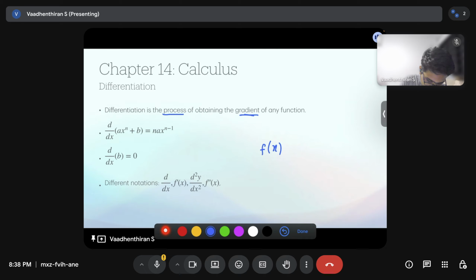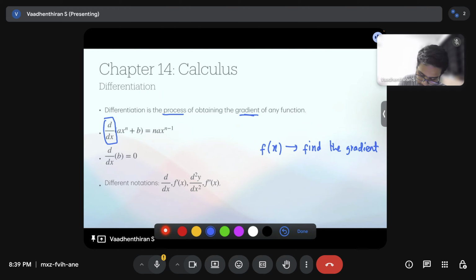When you're asked to find the gradient, the process you will be using to find this gradient is differentiation. In general terms, we will write differentiation in this form, d over dx. So d over dx means that you're differentiating with respect to x.